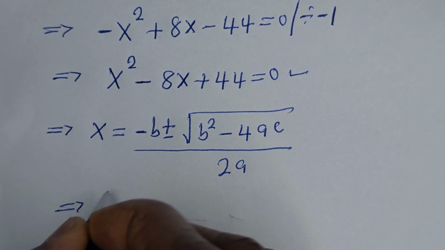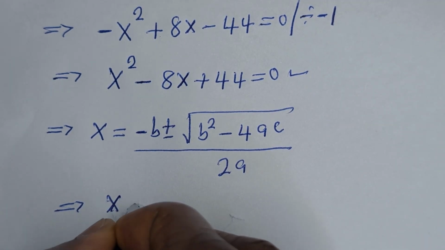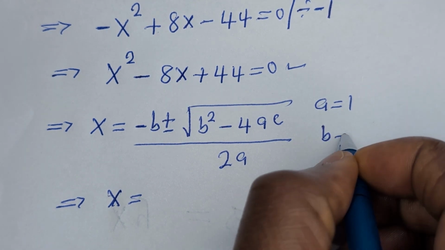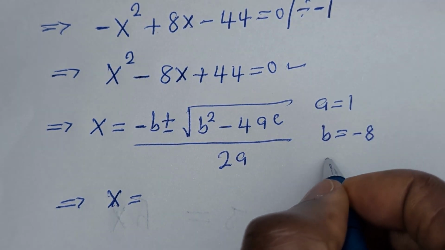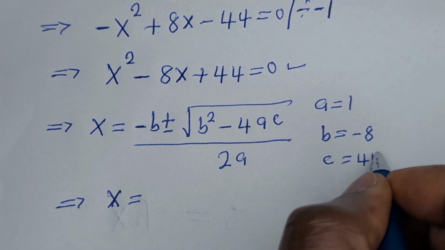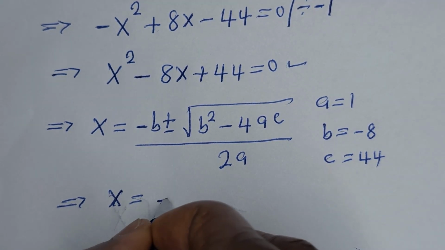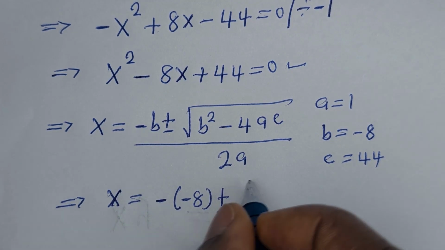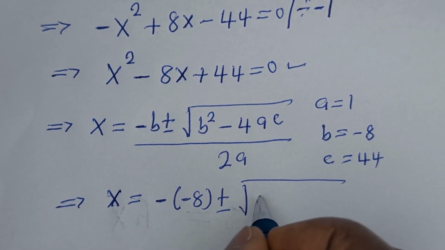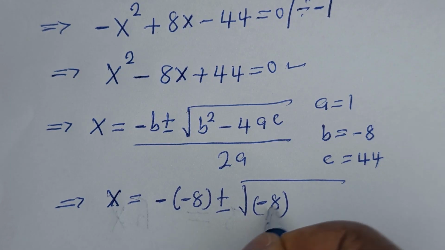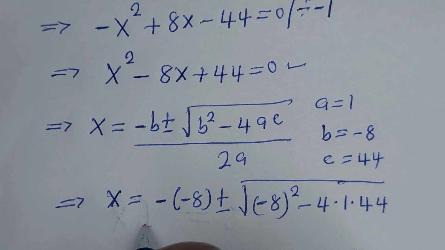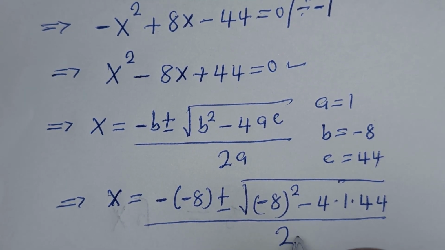And this is s is equal to, here a is equal to 1, b is equal to minus 8, c is equal to 44. Then we have minus bracket minus 8 plus or minus square root of minus 8 square minus 4 multiplied by 1 multiplied by c, which is 44, over 2 multiplied by 1.